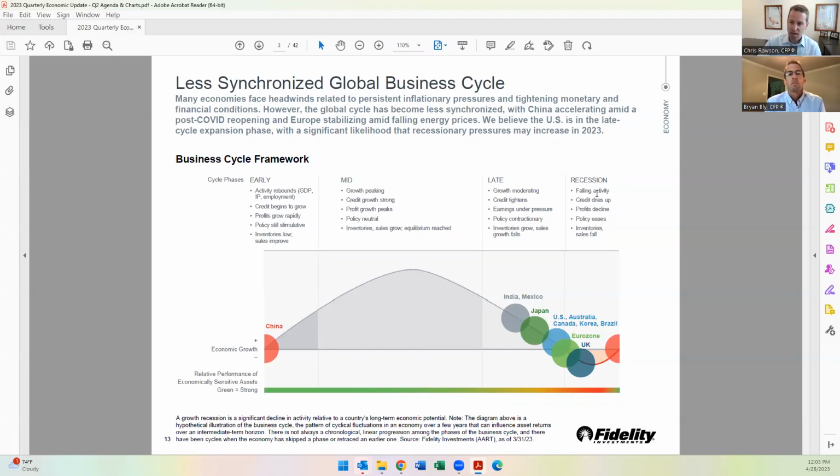Brian and I attend a lot of these calls with JP Morgan and other financial companies, and this recession is like the most promoted recession ever. It's not a surprise for anyone if or when it shows up. Some of the behaviors we'll see are falling activity, profits declining, policy ease, meaning the Federal Reserve lowering interest rates.